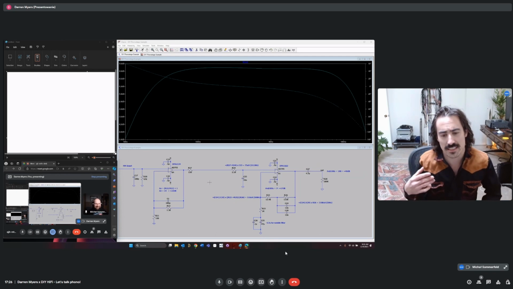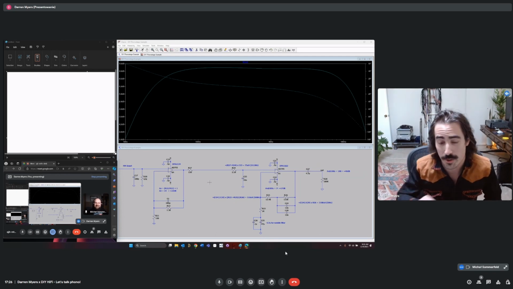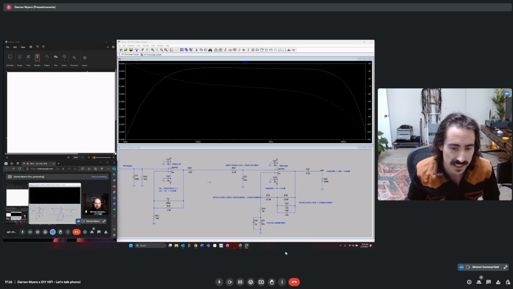So there are many reasons. This is a super deep topic, so I'm just going to breeze by it here. In monolithic designs, you cannot create large capacitors on the monolithic die, and that stops you from implementing higher order compensation methods internally.